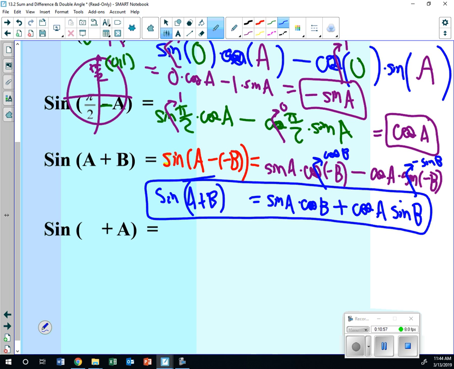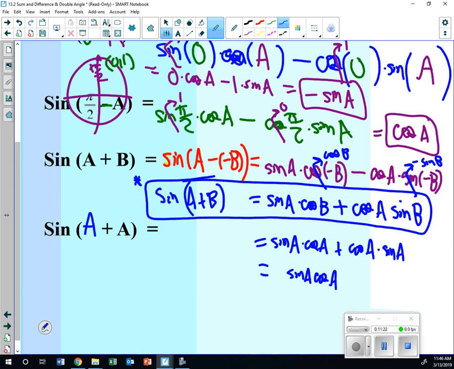But you're going to use this one to do sine a plus a, and I'm going to have you do that right now. So when I put those in, I just get sine a cosine a plus cosine a sine a. So it looks like, how many sine a cosine a's do I have?